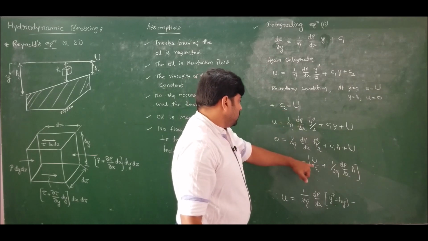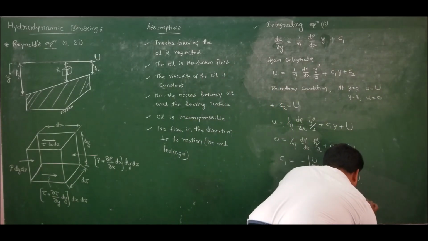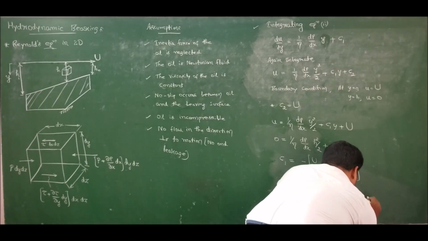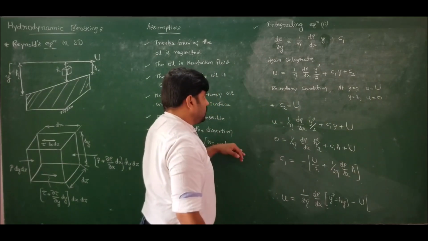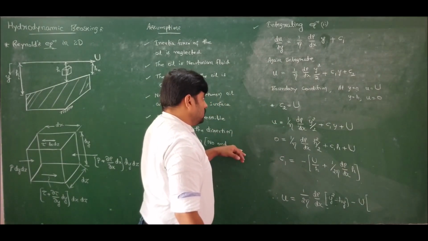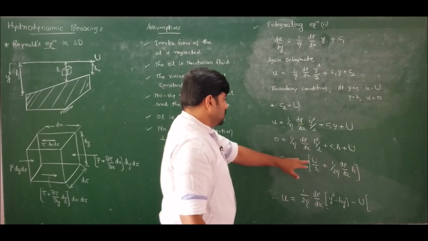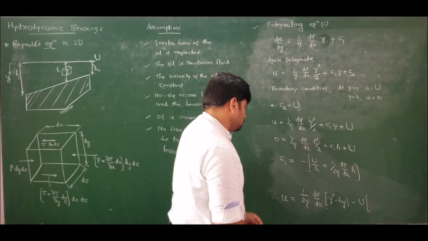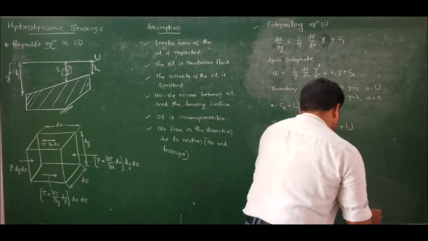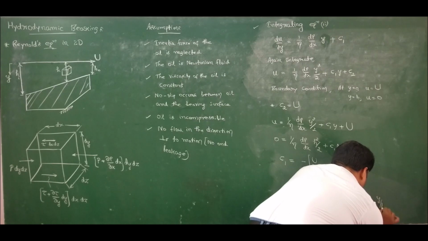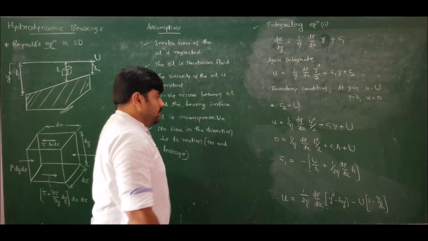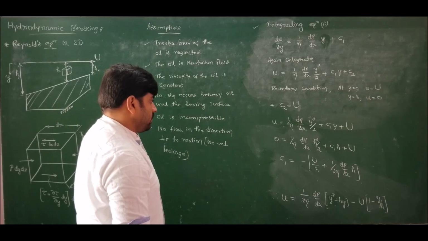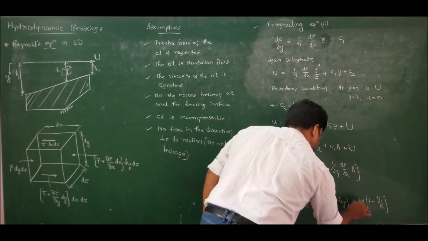C2 is also U, so here also I will have U. If I take U common, that is capital U, maximum velocity, I am left with 1 minus y by h.